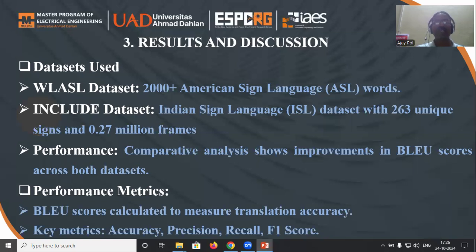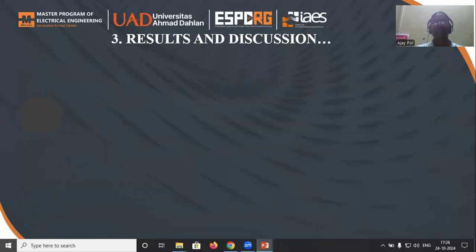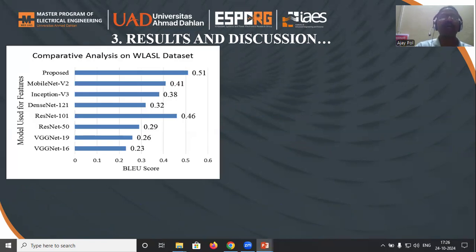Performance analysis is carried out using the BLEU score, and here we have preferred key metrics like accuracy, precision, recall, F1 score, and so on. So here is a comparative analysis on the word-level American Sign Language dataset. The models used for feature extraction are VGG16, VGG19, ResNet 50, ResNet 101, DenseNet 121, and Inception V3.